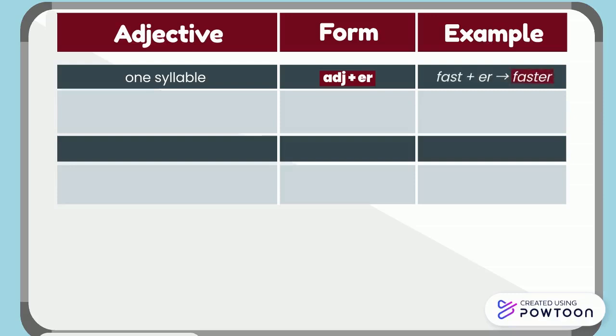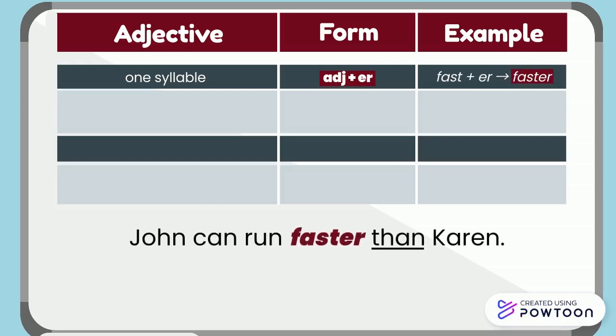Fast becomes faster. For example, John can run faster than Karen. Remember, the key is to use than after the comparative form. It shows you're making a comparison between two things or actions, which in this case, you're comparing John and Karen.